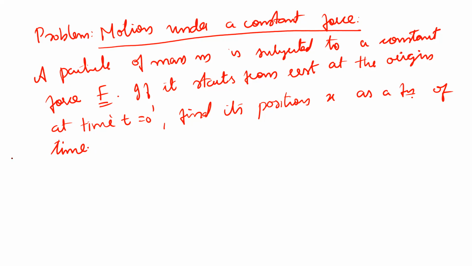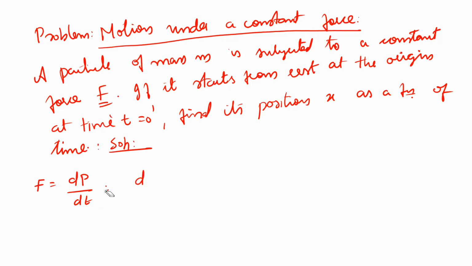So we write the equation of motion. The first thing we do is write the equation of motion. The solution goes like this. F is equal to dp by dt. Now you integrate this because F is a constant.